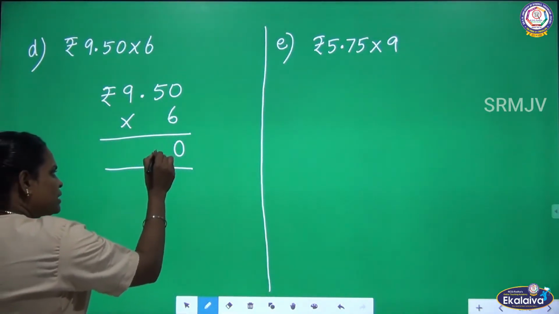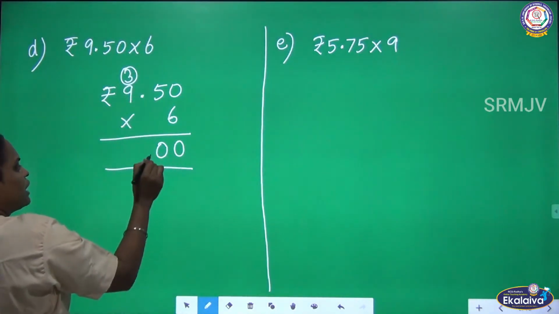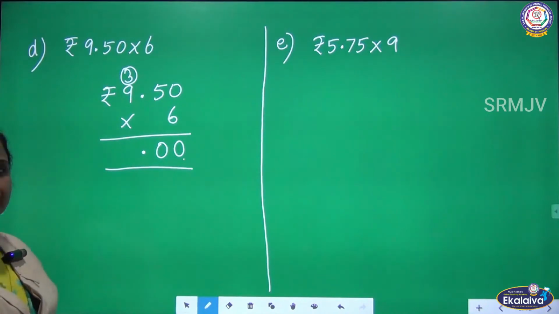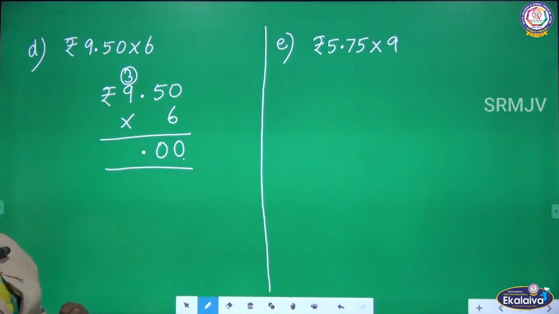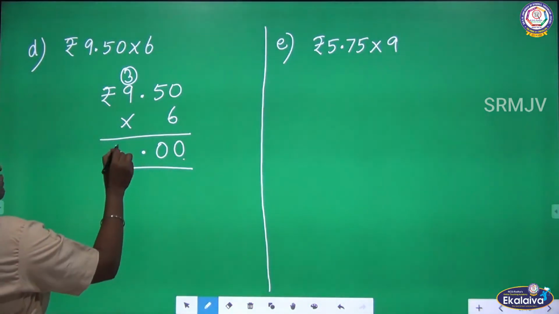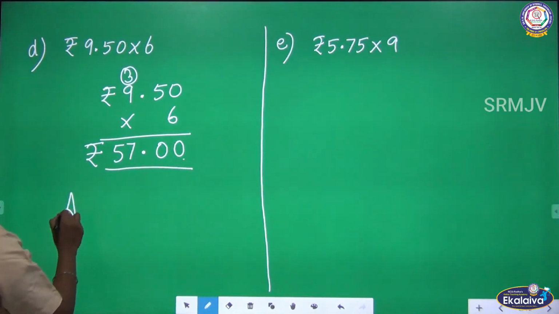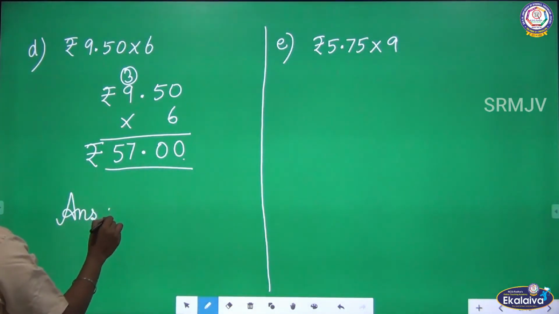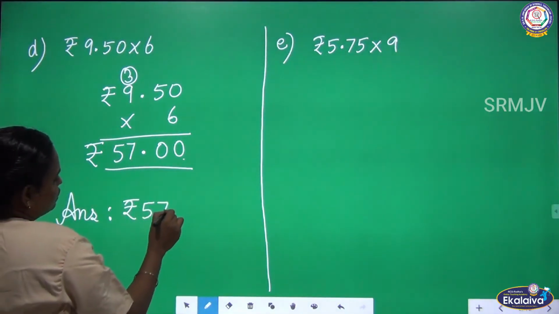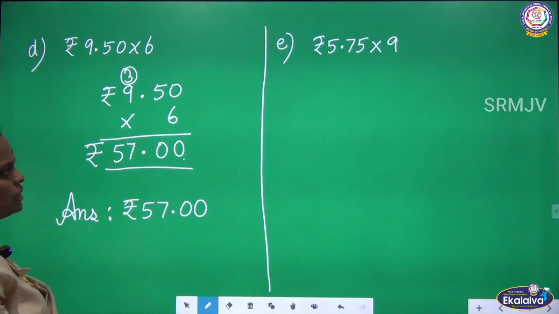So you write 0, then 3 carry over in the next place, and put the dot after 2 digits. Then 6 9s are 54, 54 plus 3 is 57. So you write 57, then write the rupees symbol. So tell me the answer now. 57 rupees. So you write 57 rupees, 57.00.